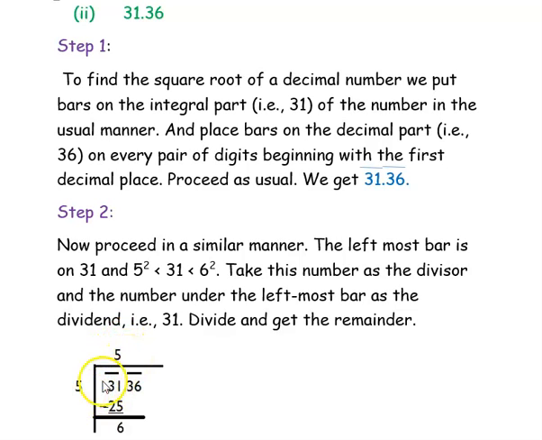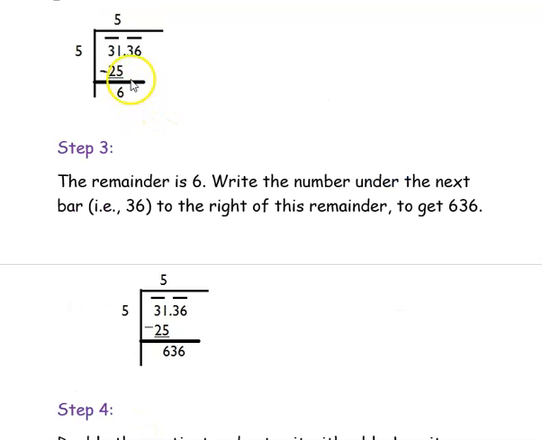We know that 5 into 5, that's 5 square, is 25, which is less than 31. So I am writing 5 as a divisor, 5 as a quotient. 5 multiplied by 5, I will get 25. Now 31 minus 25 and the remainder is 6. The next step, I am going to write the number under the next bar to the right of this remainder.